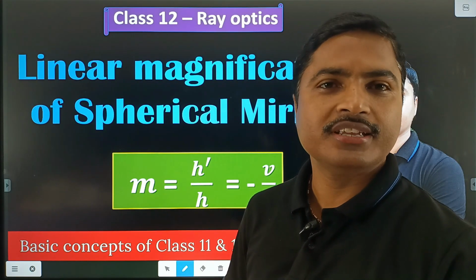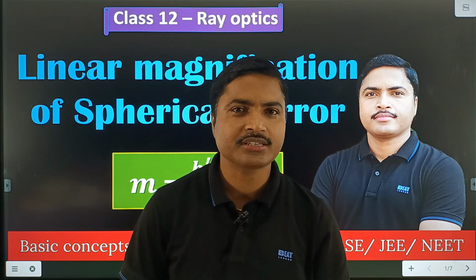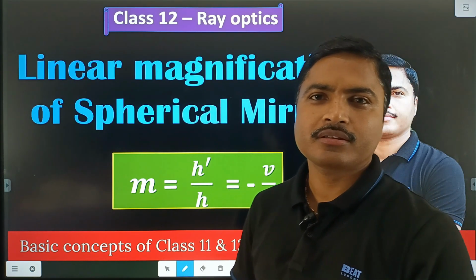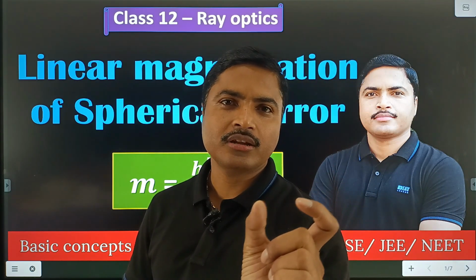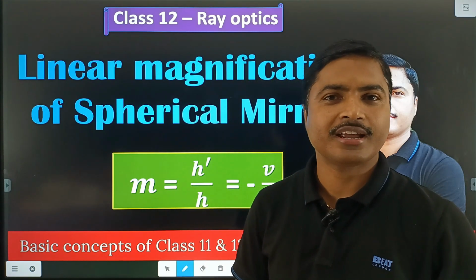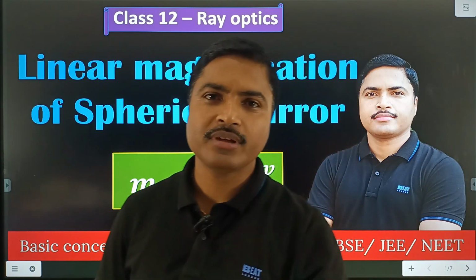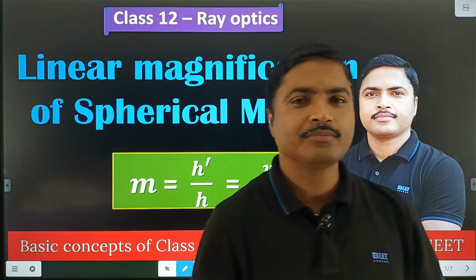Today we will discuss the class 12 physics chapter, ray optics, and the topic, linear magnification produced by a spherical mirror. A spherical mirror may be a concave mirror or a convex mirror.